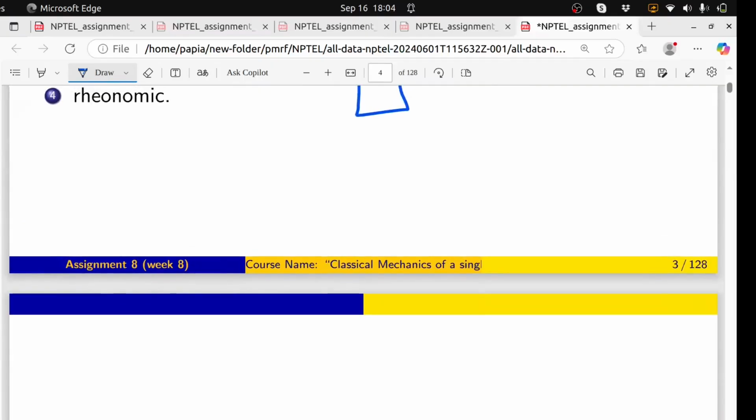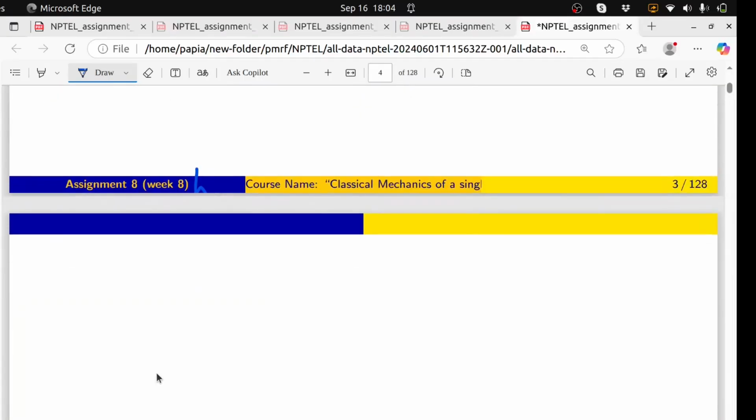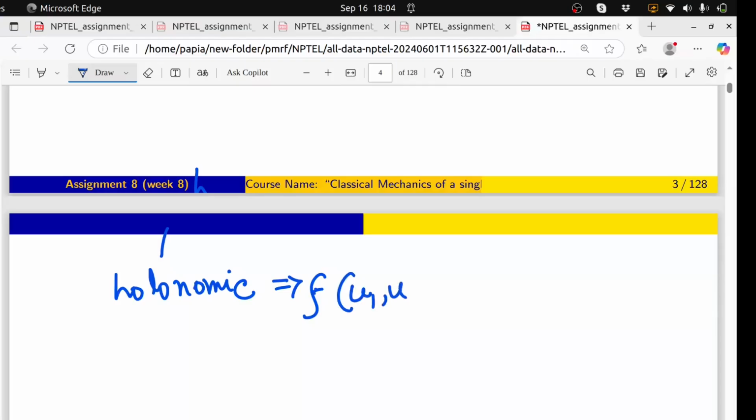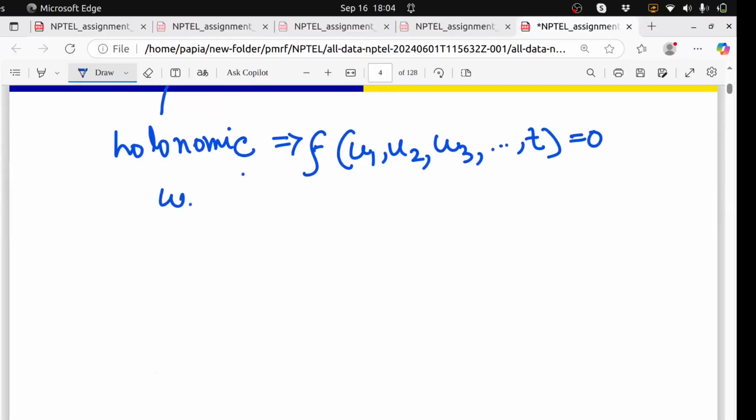First, it is holonomic. A holonomic constraint is in the form of f(u1, u2, u3, t) = 0. That means a constraint given by a function in that form is known as a holonomic constraint. Here u1, u2, u3 are the generalized coordinates.